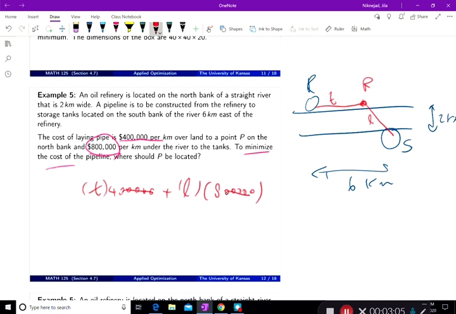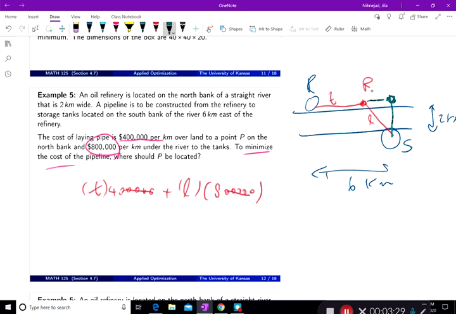Now, what is the constraint? Let's look at this from the geometric view. I just talked about the shortest distance. The shortest distance here would have been a right triangle like that, right?